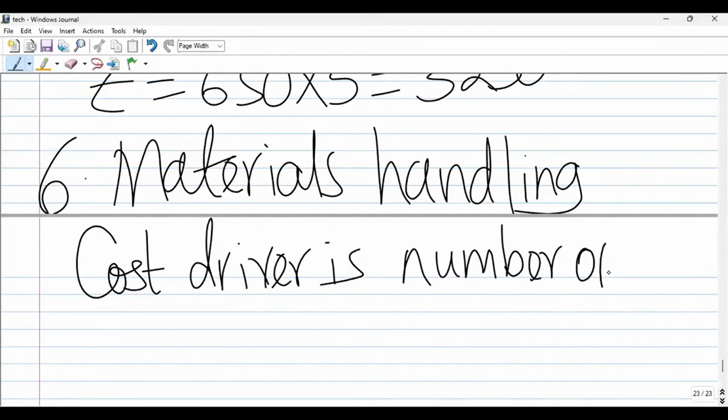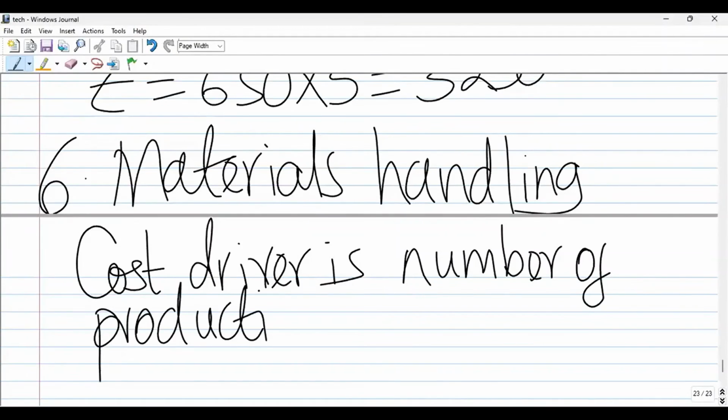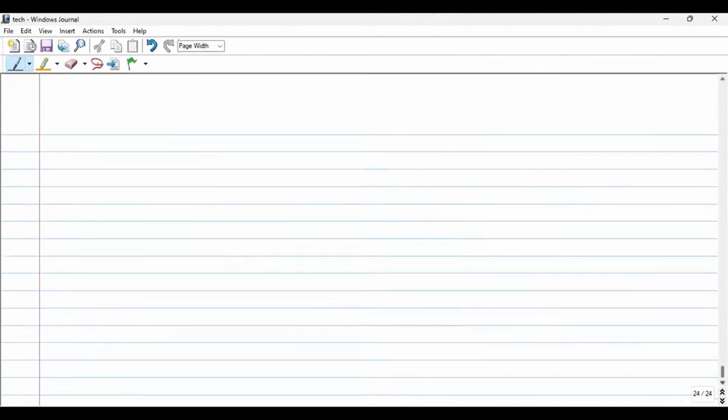Madam, come again. You said it is labor related? Sorry, it is machine related. It is a machine related cost because the materials are being handled by the machines. It's the machines doing the production. So we are using number of production runs.